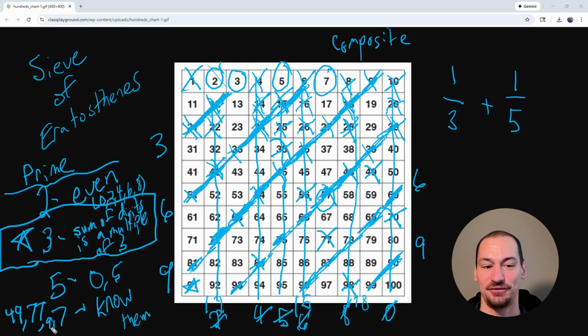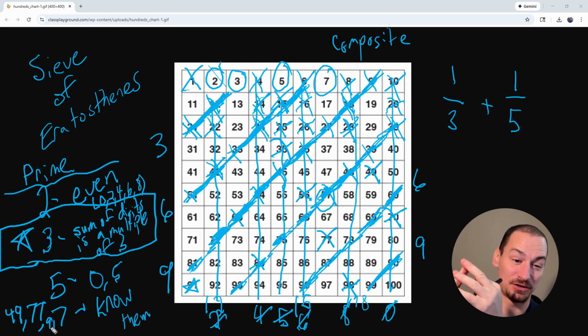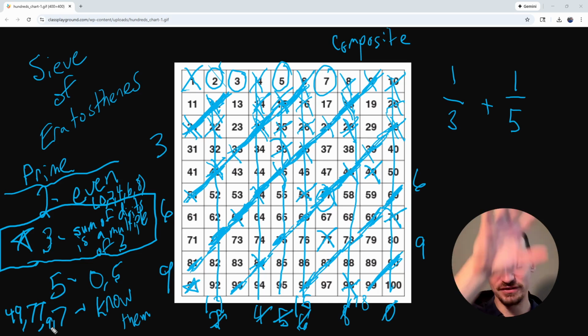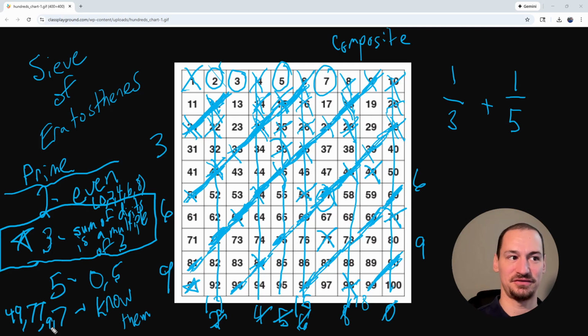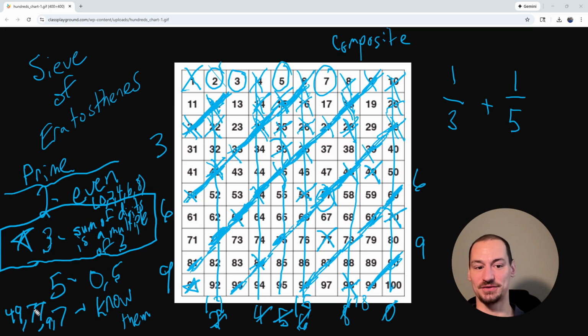I think that's a very easy number to think is prime, because you think to yourself, oh, it's not a group of 2, it's not a group of 3, it's not a group of 5, and for every other number up to 100, that's been good enough, other than 49 and 77. But when you look at 49 and 77, I think it's pretty easy to see that those are groups of 7.